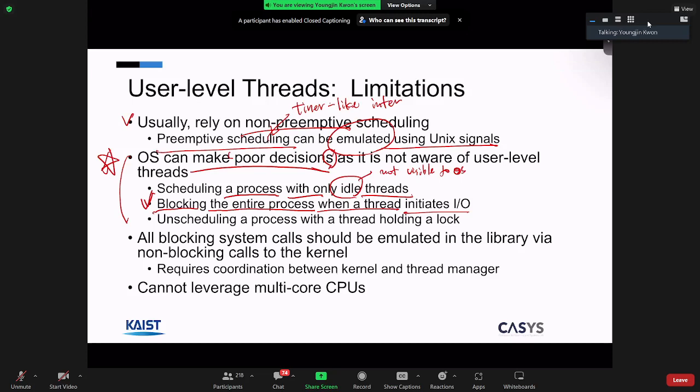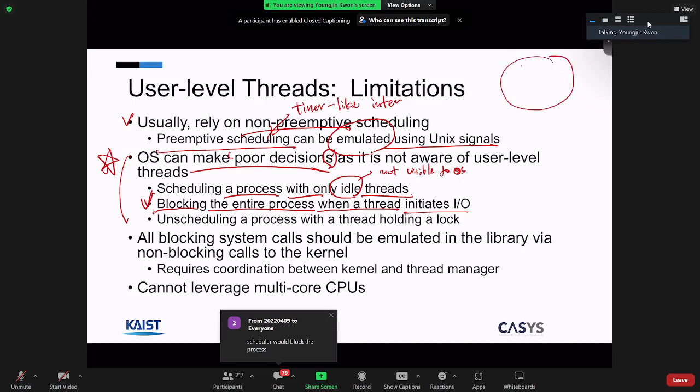What do you think? Okay, you're starting to get there. The scheduler blocks the entire process. Okay, fine.